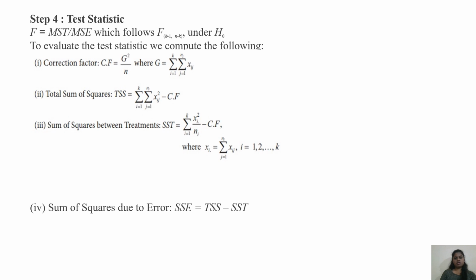The total sum of squares is the sum of squares of all the elements minus the correction factor.